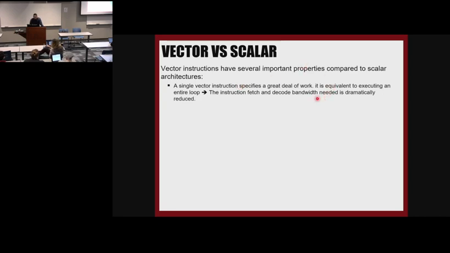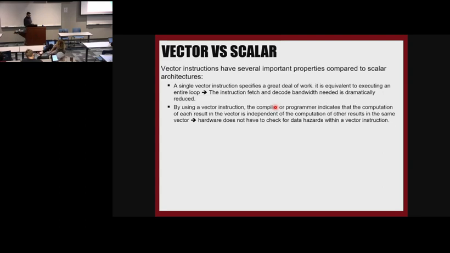It's the equivalent of an entire loop in a scalar. So the instruction fetch and decoding bandwidth is going to be significantly improved. This is about just fetching and decoding instructions. Instead of fetching and decoding 600, 700, 1,000 instructions, we can fetch 7, 6, 10 instructions, and it does the same thing. So the bandwidth of fetching and decoding is significantly improved.